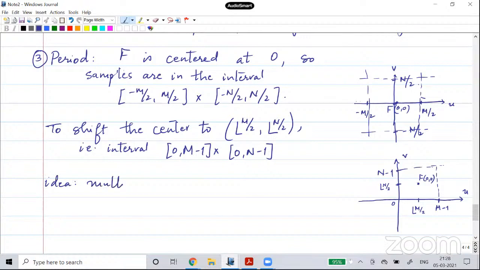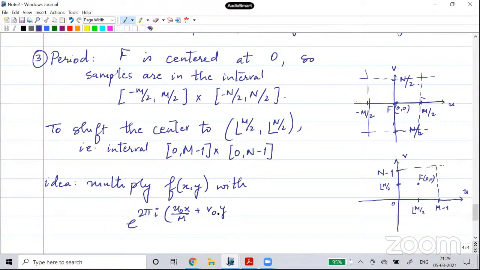multiply f(x,y), from the earlier property, with e raised to 2 pi i. You take u0 to be m/2 and v0 to be n/2. So u0 x by m plus v0 y by n, where u0 is m/2, v0 is n/2.